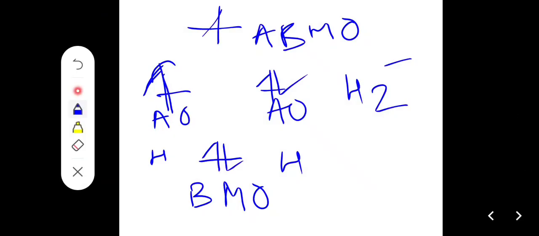But always remember there is another term, called bond order.